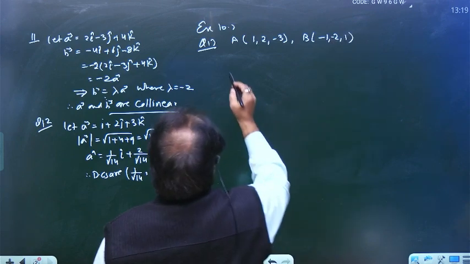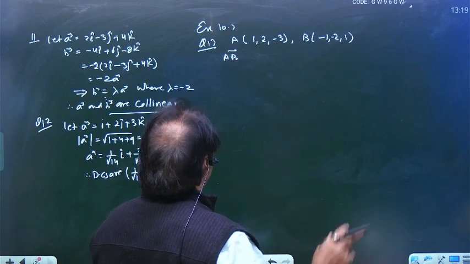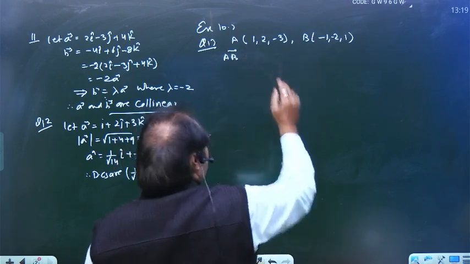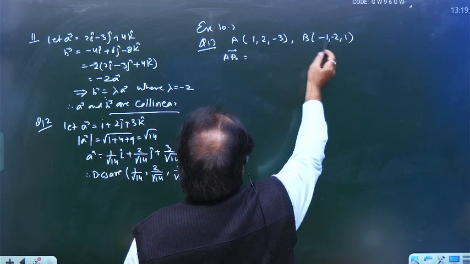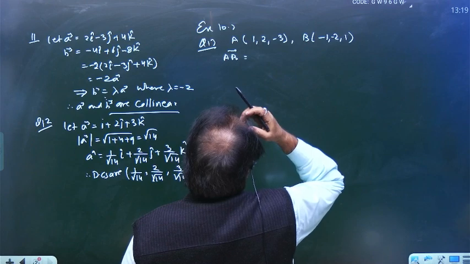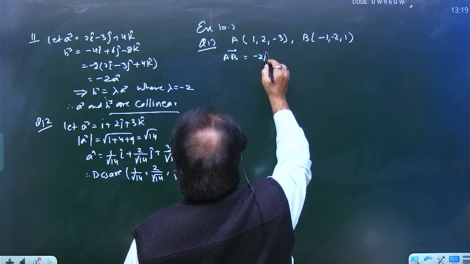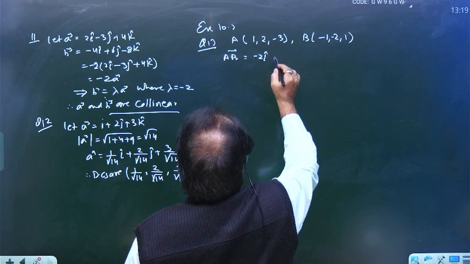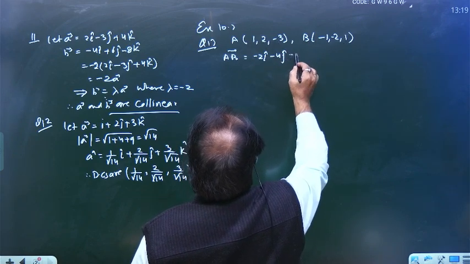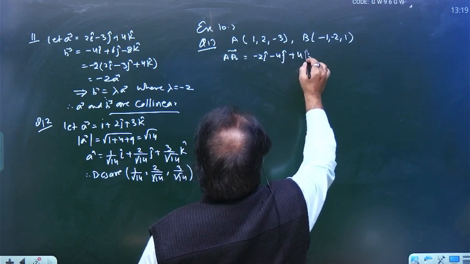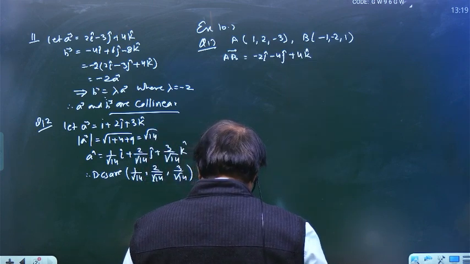First of all, we find the AB vector, as per the question directed A to B, by applying the formula x2 minus x1 i cap plus y2 minus y1 j cap plus z2 minus z1 k cap. So AB is minus 2 i cap, minus 4 j cap, and plus 4 k cap. This is the value of vector AB.